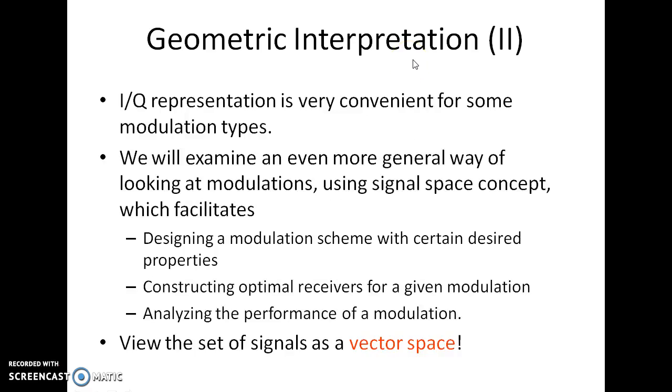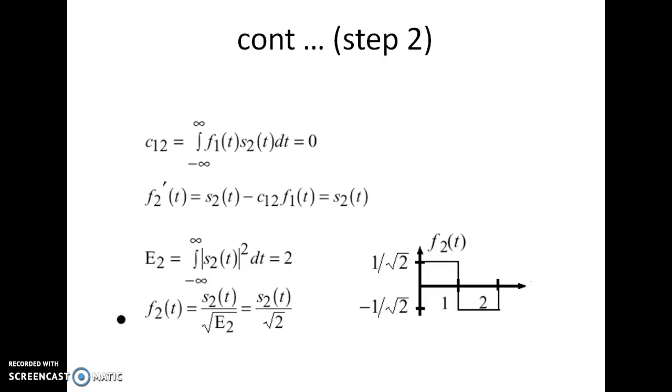Here g2(t), or f2 dash(t), will be equal to S2(t) minus the coefficient c12 times the first basis function phi 1(t). If you substitute these values, you will see that the g2(t) value comes out the same as S2(t). Just find its energy and divide by it, and you will get the second basis function. The second basis function you can also draw, just take this divided by root 2.